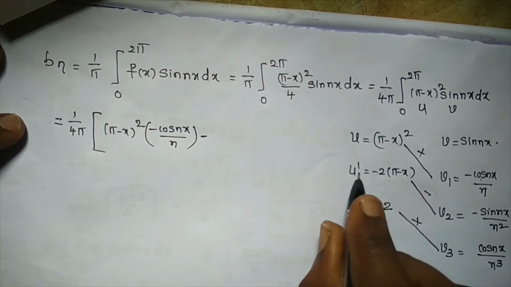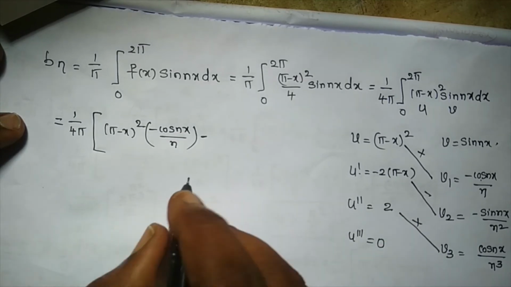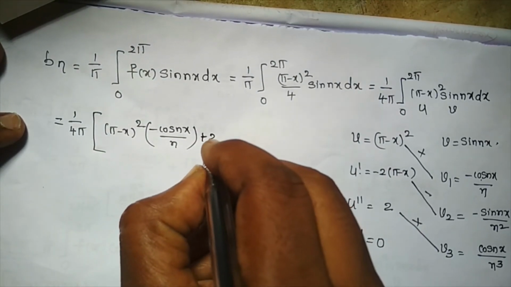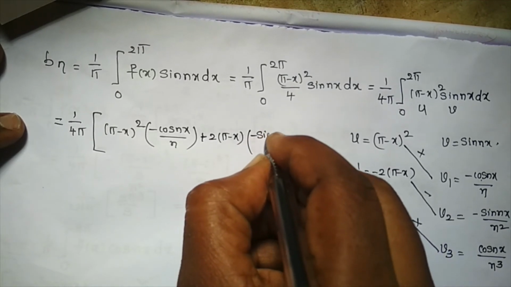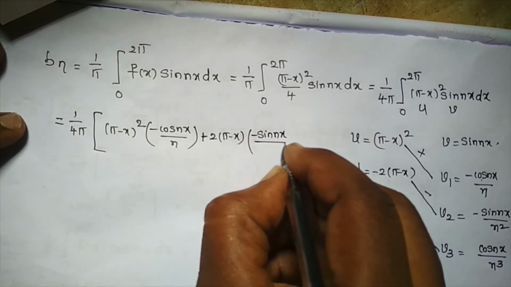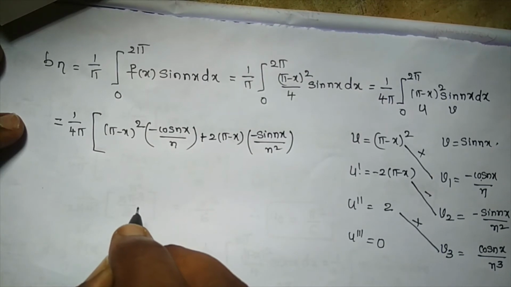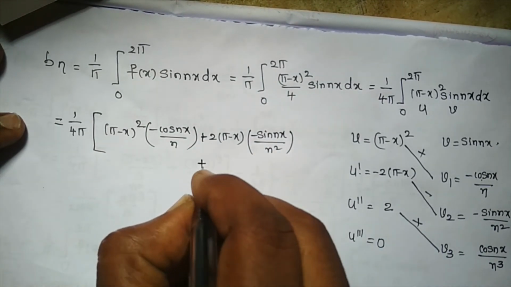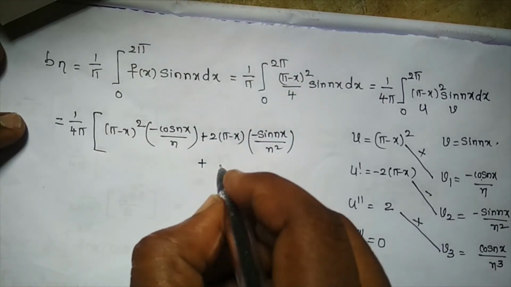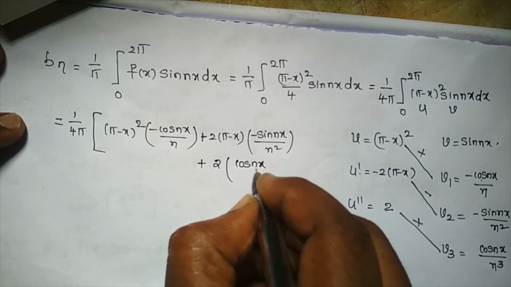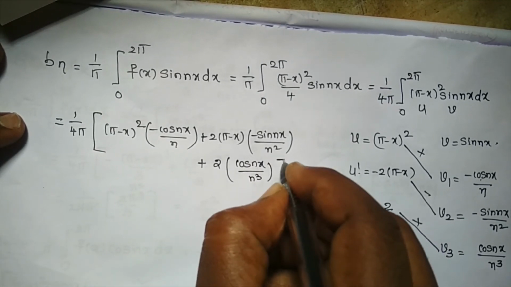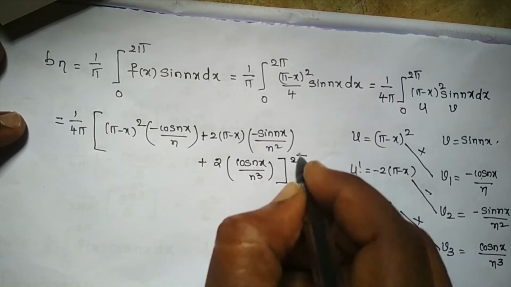Minus the second term, u dash v2: minus into minus plus 2 into pi minus x into minus sin nx by n square. And the third term: 2 into cos nx by n cube, from 0 to 2 pi.